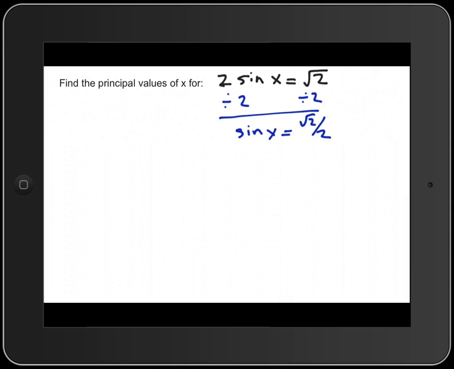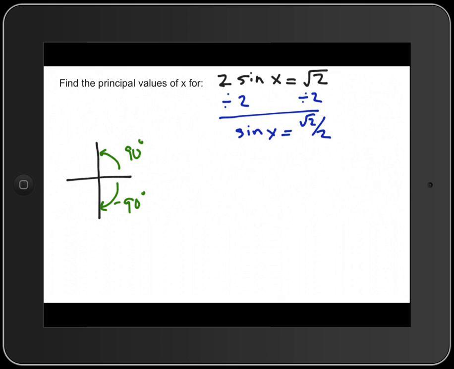Now this says we want the principal values. Now remember, for both the tangent and sine functions, the principal values refer to the values between negative 90 and positive 90 degrees.